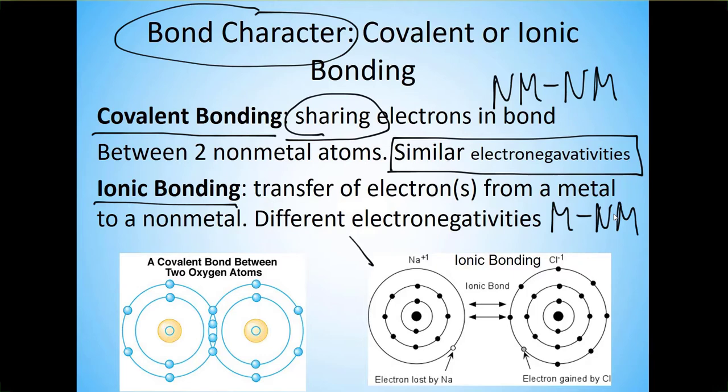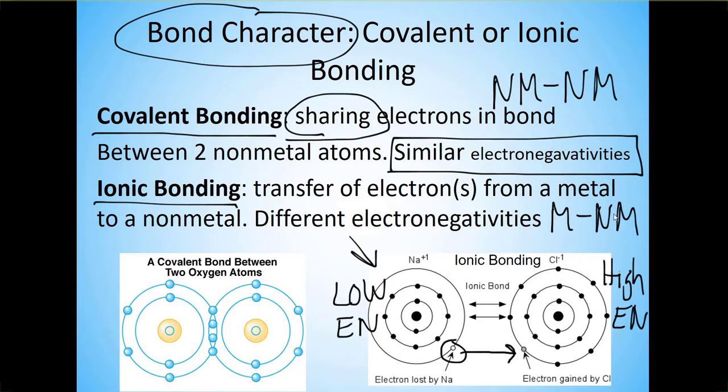So in this picture, I have ionic bonding. Sodium has very low electronegativity, and our nonmetal over here, chlorine, has a very high electronegativity. It's so high that it's actually going to strip and take the metal's electron.